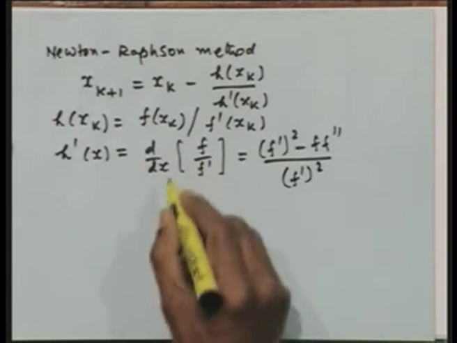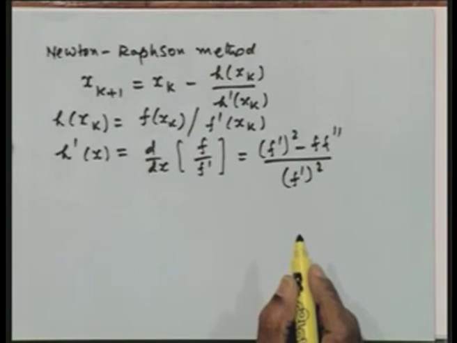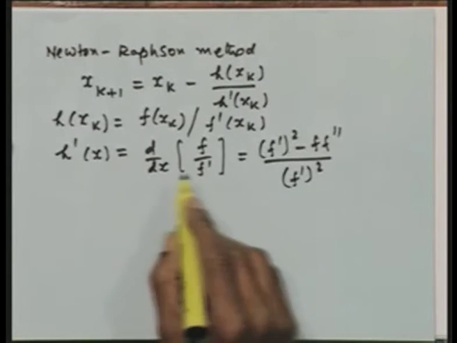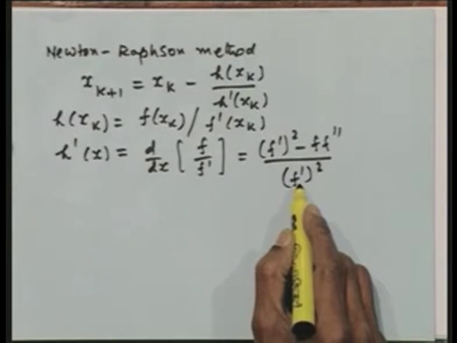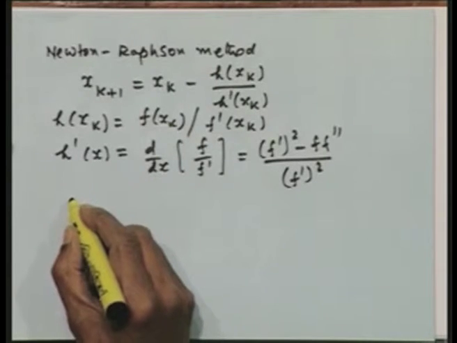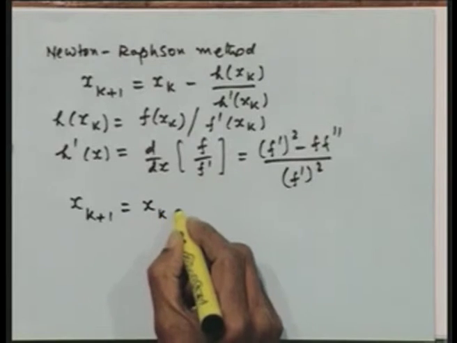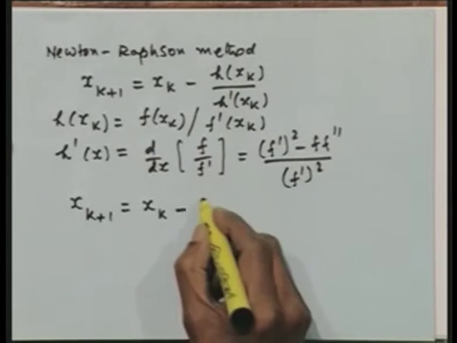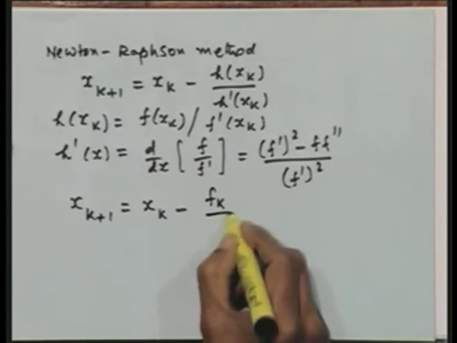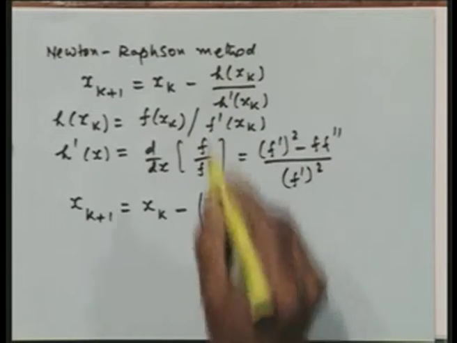So, that is a simple derivative of f upon f'. Therefore, I can now evaluate h' at x = x_k and substitute it over here. So, I get x_{k+1} = x_k - h at x_k, which is f(x_k) by f'(x_k), our value of h at x_k.